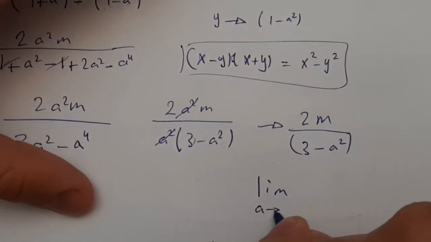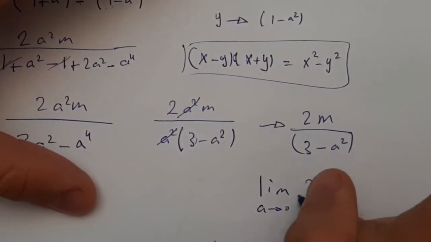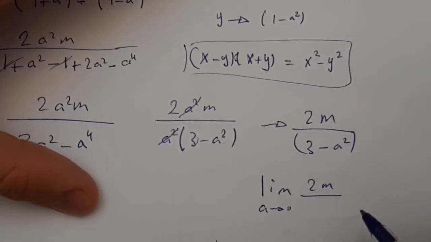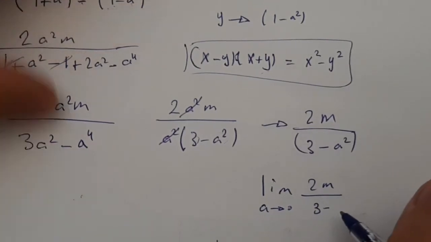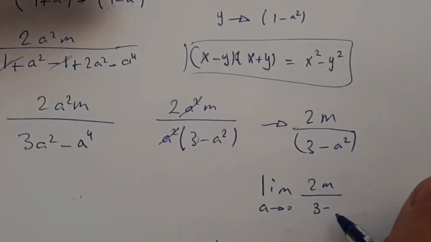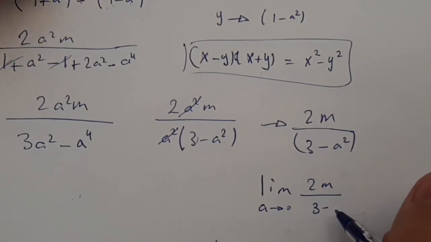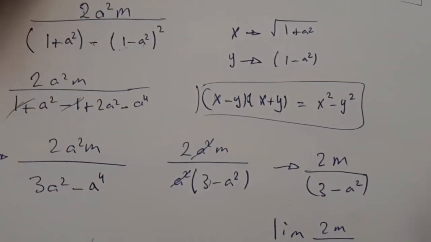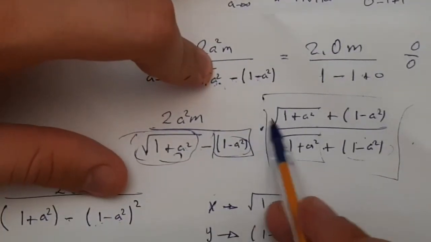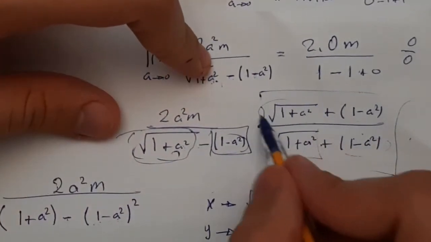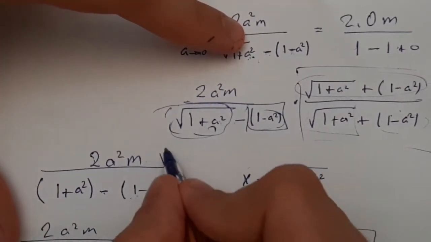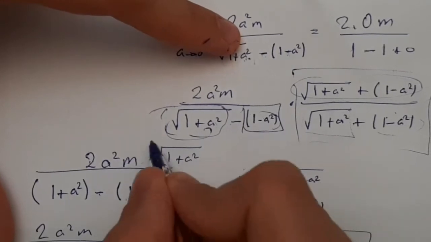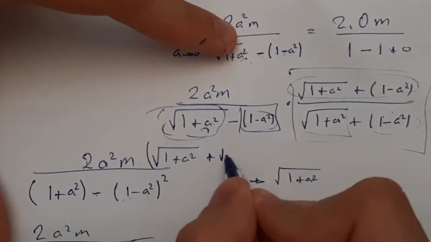Limit when a goes to 0 of 2m divided by 3 minus... I feel that I forgot some 2 over here. Ah yes, I forgot the whole part actually. Remember that we multiplied above and downwards, right? So I forgot to carry this with me, okay? This over here would be multiplying over here: 1 plus a squared plus 1 minus a squared.